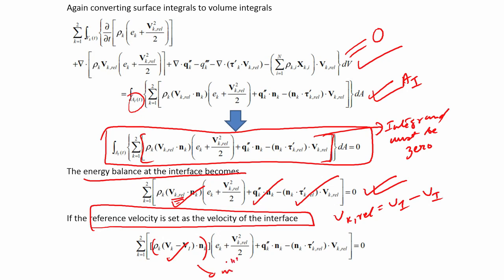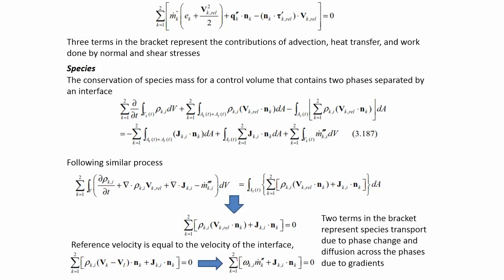It looks exactly like the m dot triple prime we did earlier. So m dot triple prime k means the mass flux across each phase because of phase change only.